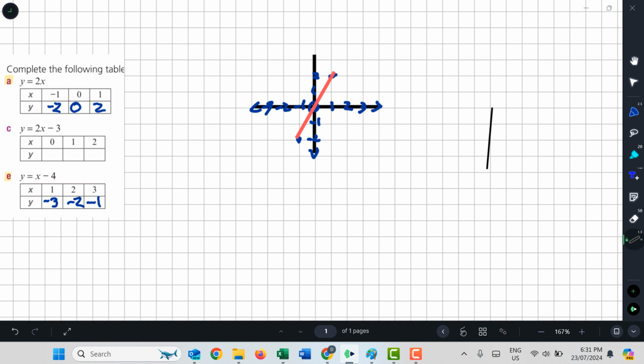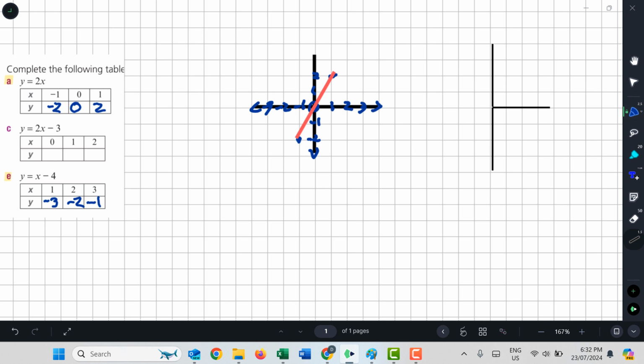Oops, needs to go a little bit straighter. There. There. Should be on the line. And I'm only going to have the positive values here, because for x it's only got positive values.